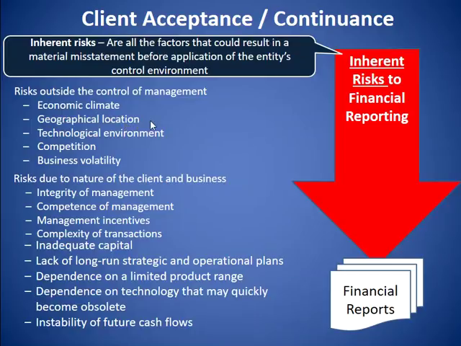Where is the company located? Is it diversified? A company that has operations in Thailand, as an example, is different in terms of risk than a company that has operations in Argentina, or operations in Denver and so forth. So again, risk can be complex depending upon the geographical location.